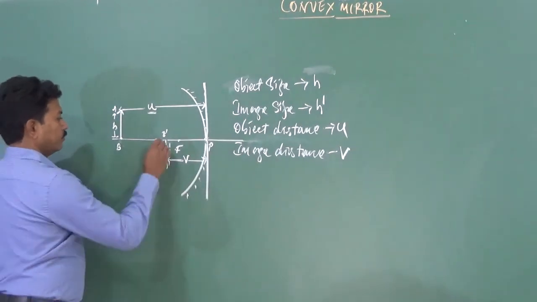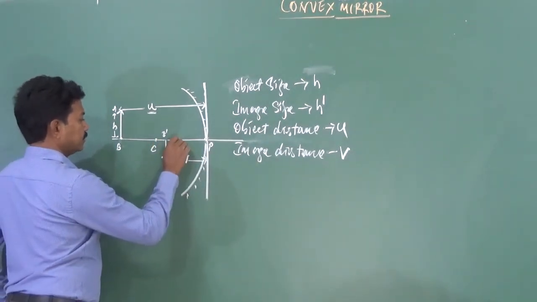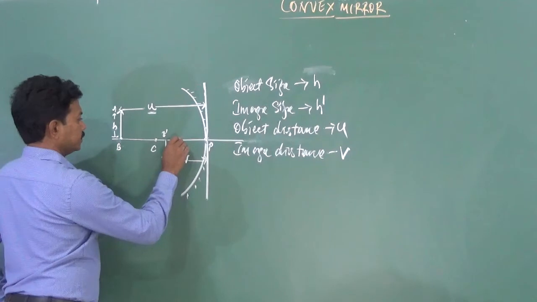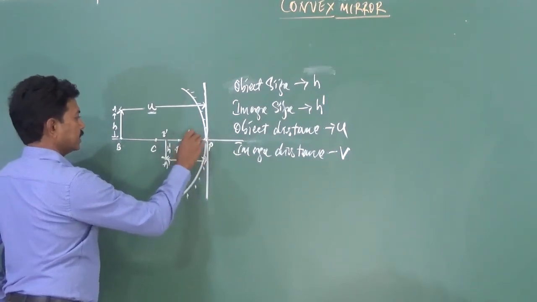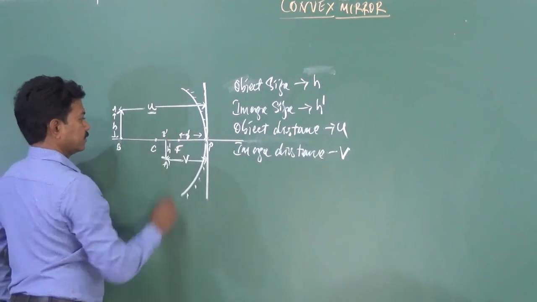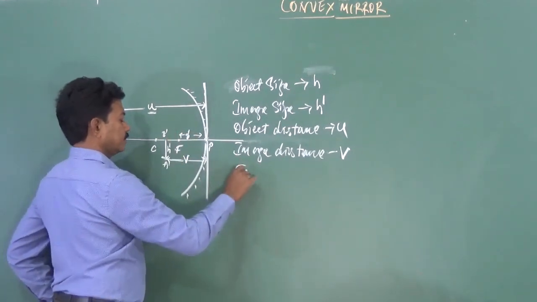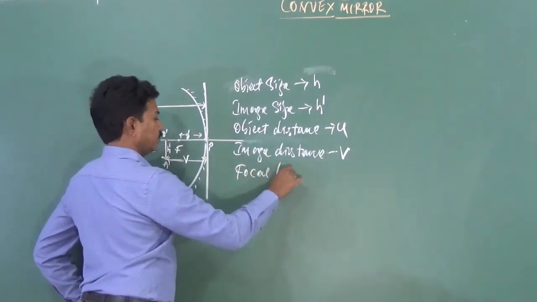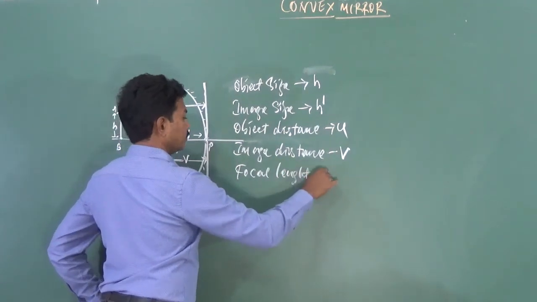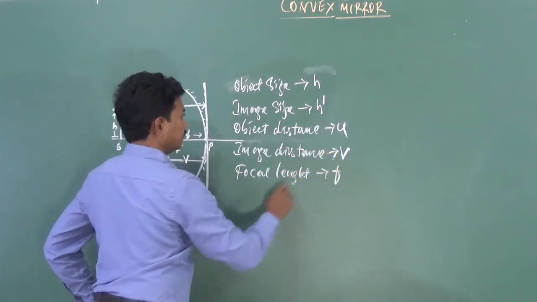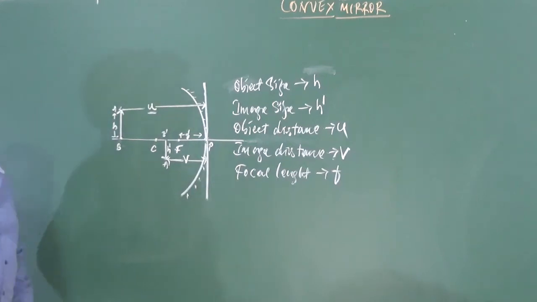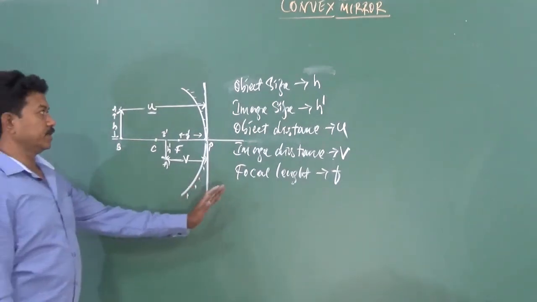Now the focal length, that is the distance between the principal focus and the pole, is represented by small letter f. These are the notations you have to remember here.